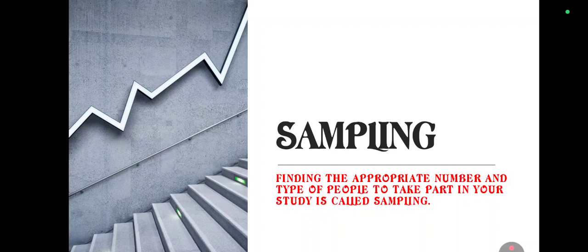Then there is selecting the people to take part. So our topic is how to select a sample. Finding the appropriate number and type of people to take part in your study is called sampling.